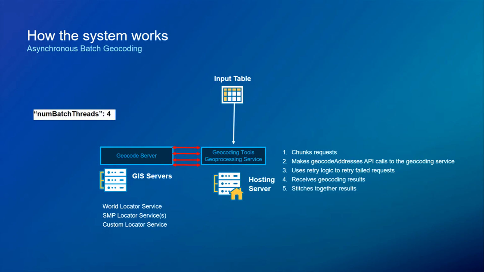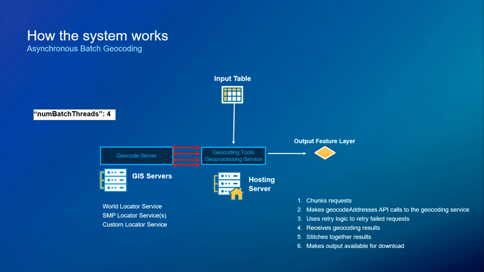What the NumBatchThreads property says to the geoprocessing service is, hey, I know that there are 4 cores on this machine that are dedicated to batch geocoding, so you can hit me with 4 threads, and I'll get your job done 4 times as fast. And then finally, the ultimate job of a batch geocoding engine would be to put points on the map, right? So it would generate an output feature layer.